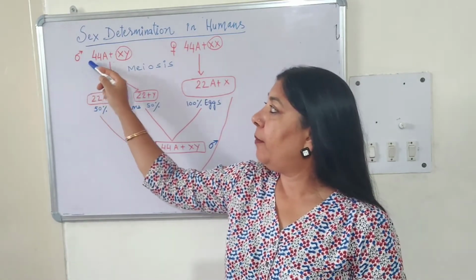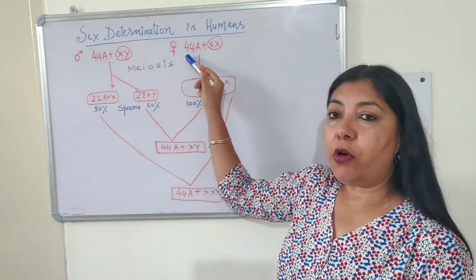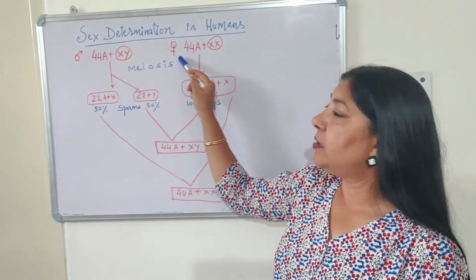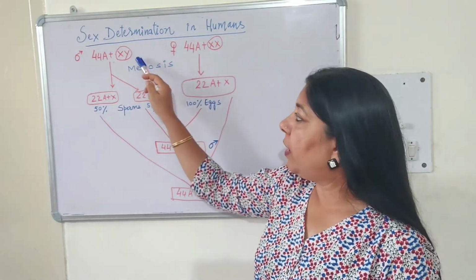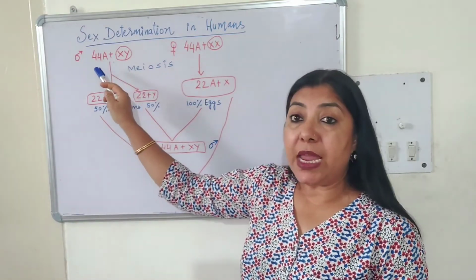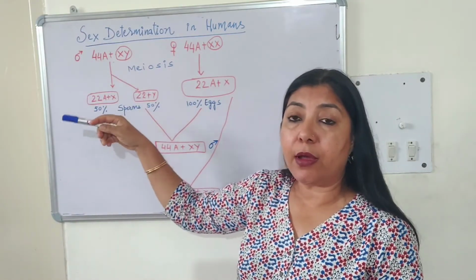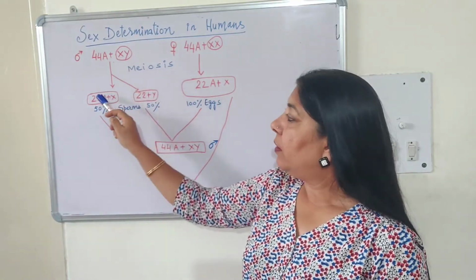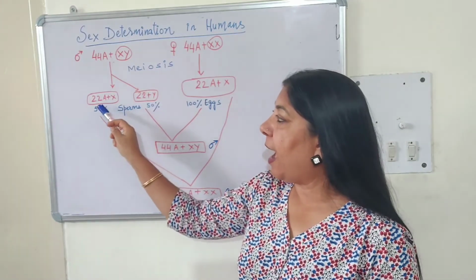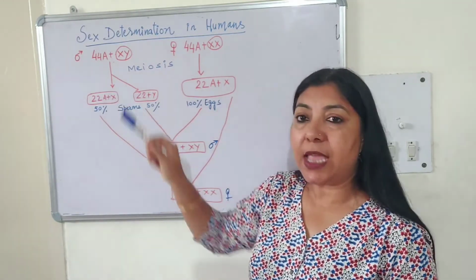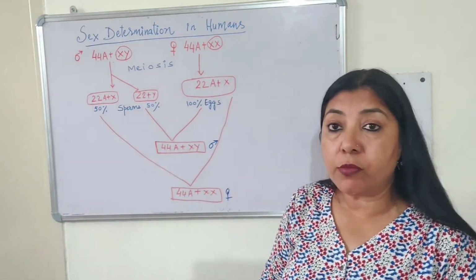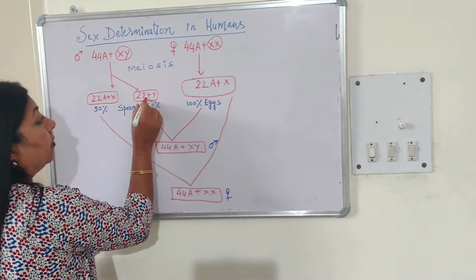So the genotype becomes 44 autosomes plus XY in case of males. This is a sign for male. And 44 autosomes plus XX in case of female. This is a sign for female. Now during the gamete production, that is meiosis, because males are showing male heterogamety, they will produce two types of sperms. 50% will have 22 autosomes plus X chromosome, and another 50% will have 22 autosomes plus Y chromosome.